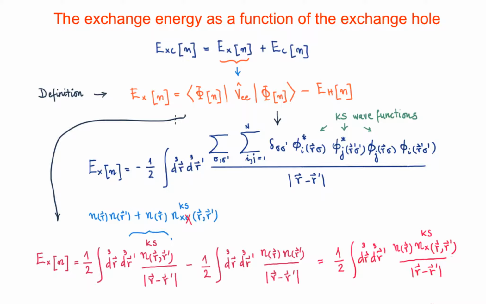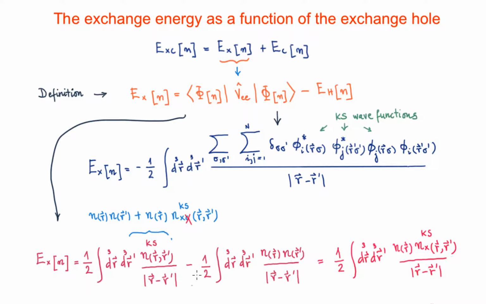Alternatively, we could also use the pair density or the reduced pair density in order to calculate this average here. So we could express, therefore, the exchange energy functional in terms of the reduced pair density. Just writing this average in terms of the reduced pair density gives this expression here, where we have the reduced pair density within the Kohn-Sham approximation.